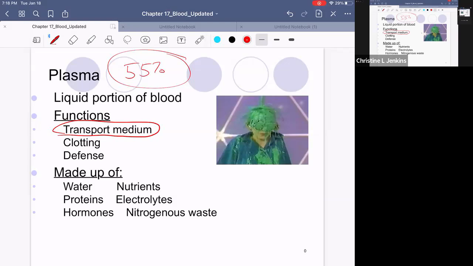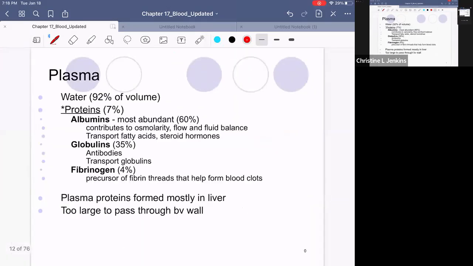I'm going to skip ahead for a minute. Plasma is over 90% water. I'm not going to ask you that exact number, but just know that plasma is mostly water. Whether it's 92% water, 95% water, whatever. Plasma is almost all water.